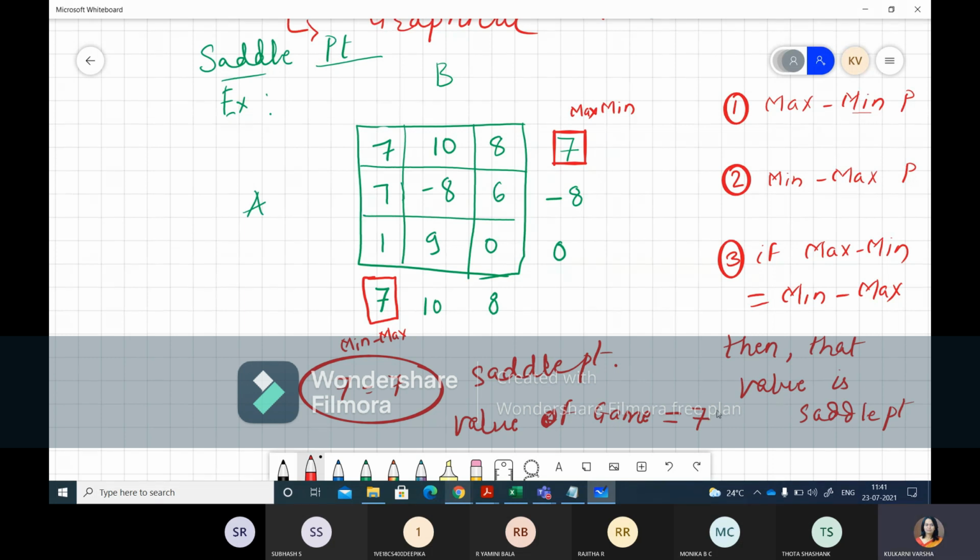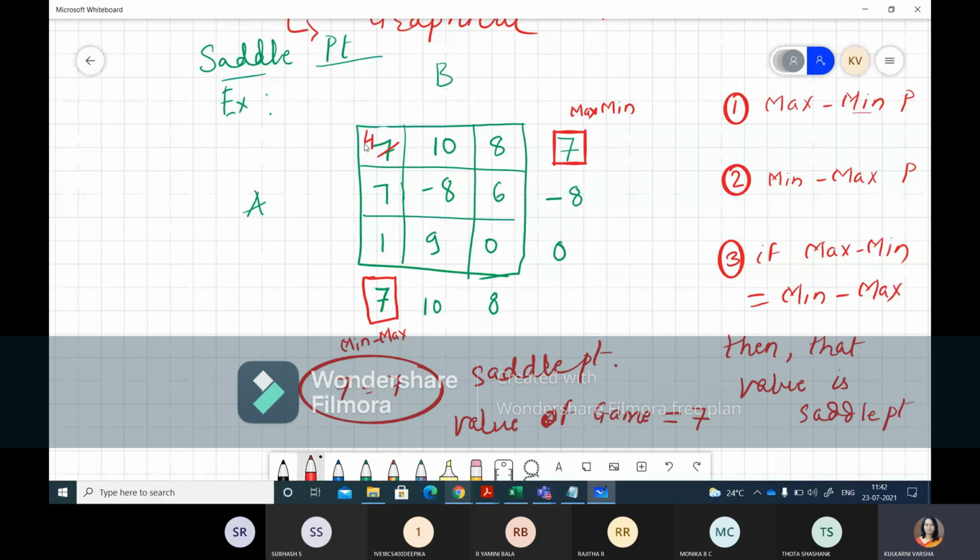So whenever we need to find the saddle point, what is a saddle point? If your maximin is equal to minimax, then there is a saddle point for that particular game. For example, suppose I make a small change in this payoff matrix. Instead of 7, suppose the value is 4.